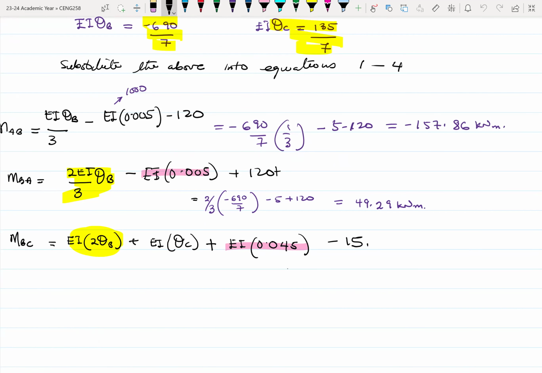So this then will be equal to 2 over minus 690 over 7 plus 135 over 7 plus 1000 times 0.045, which gives us 45.